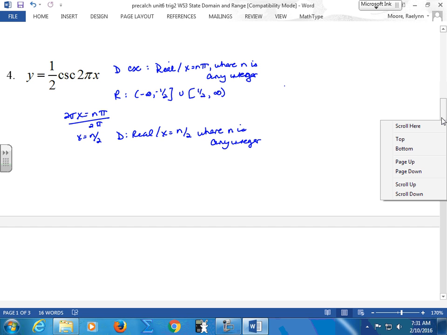Start with your cosecant. Real except for where x is n pi, n is any integer. And set it equal to the 2 pi x. Right, okay with this? It's pretty much the same pattern. I wanted you to get used to doing it without seeing it on the graph. You have two of them to memorize. Remember, the two c's are exactly the same.